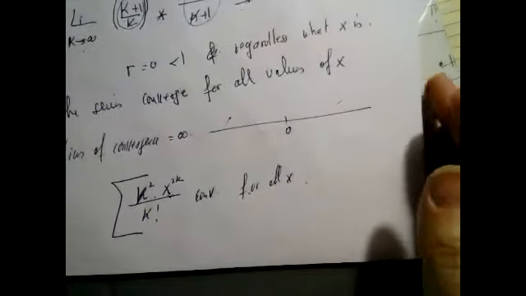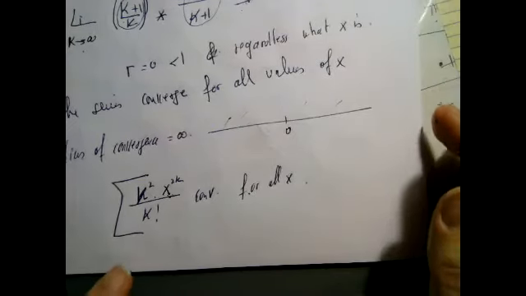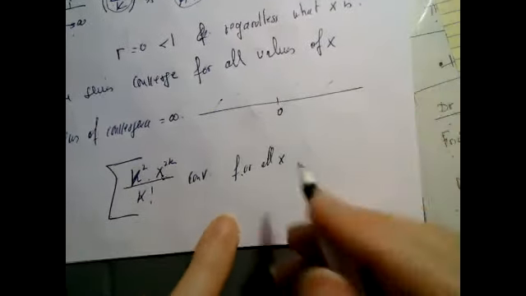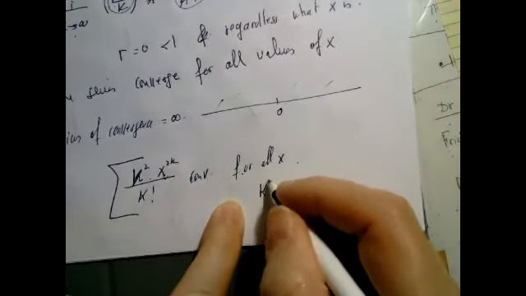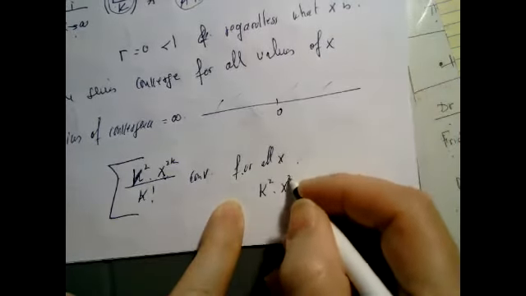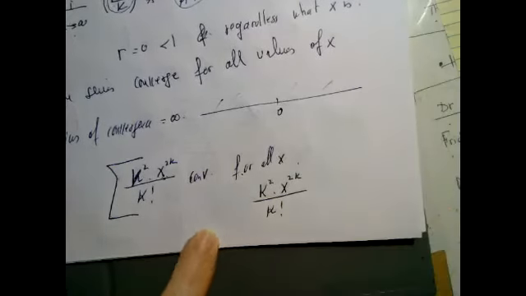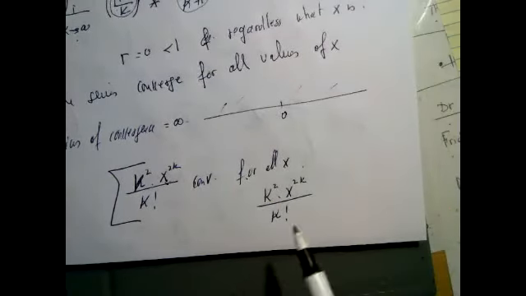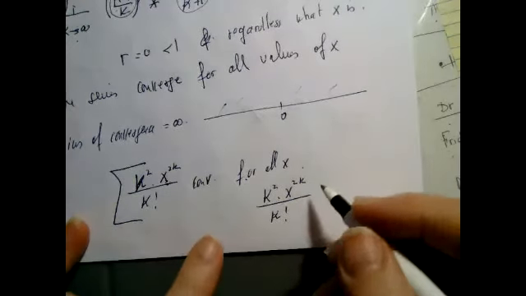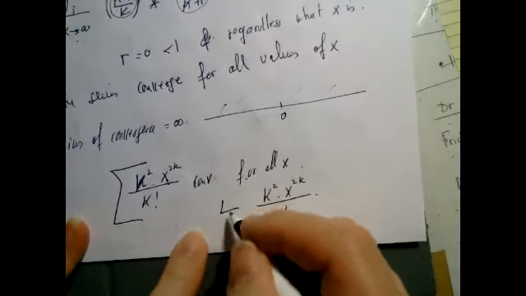So let me ask you the following question. What can you say about those terms? If I look at a single term, what can we say about those when x goes to infinity?